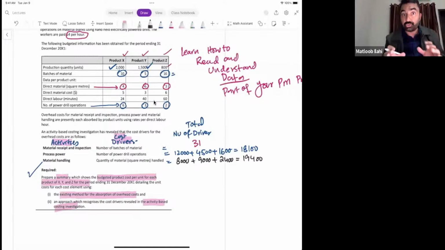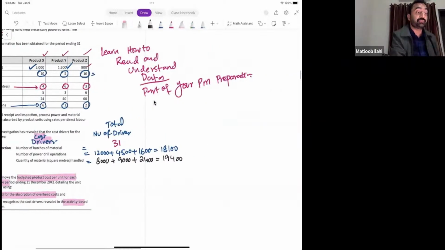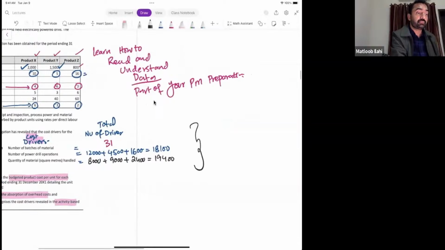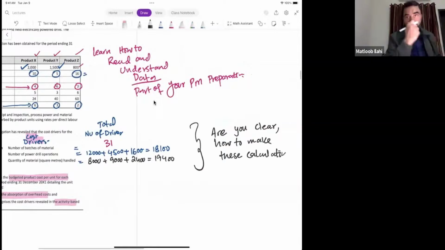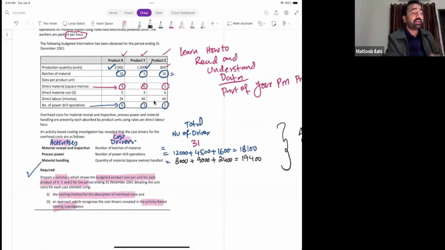Do you understand how you need to make these calculations? Okay. So once drivers are done, now we can calculate driver rates.